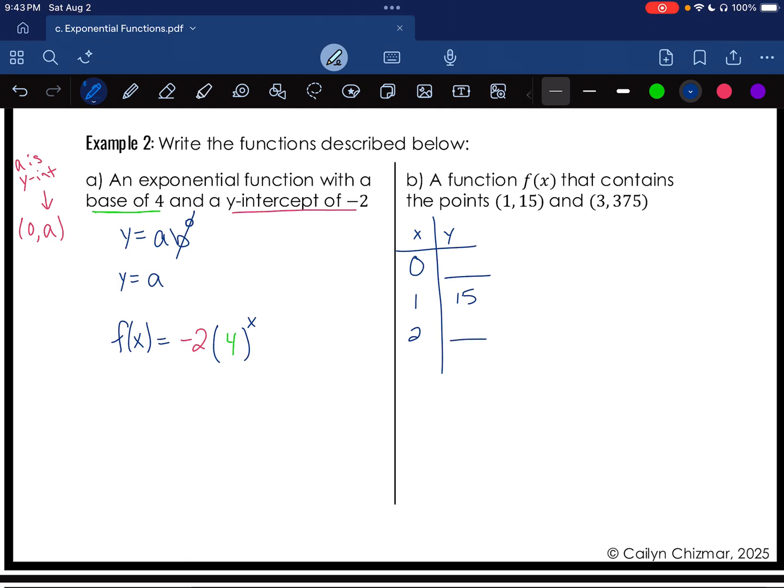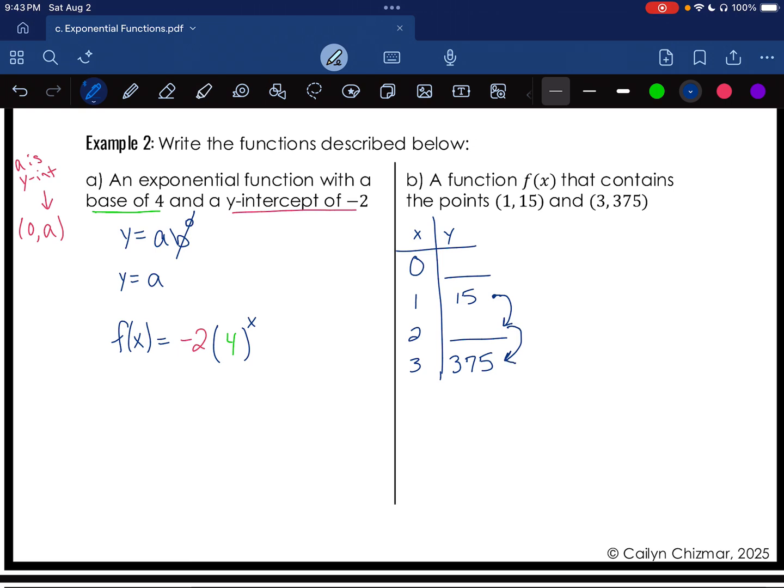And I know at 3, I have 375. So I know that whatever my base is, to get from 15 to whatever this y value is, I've multiplied by my base. And then I've multiplied by my base one more time to get from that number to 375.